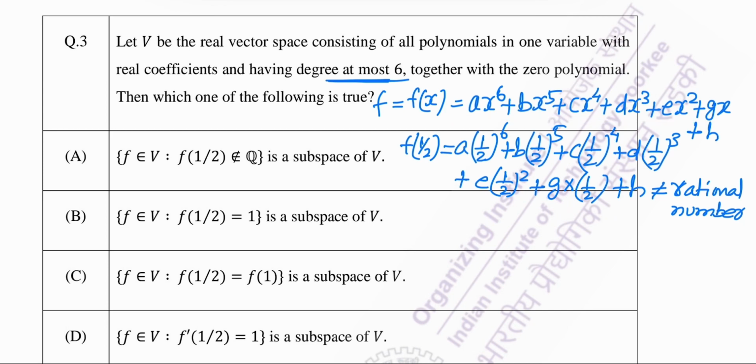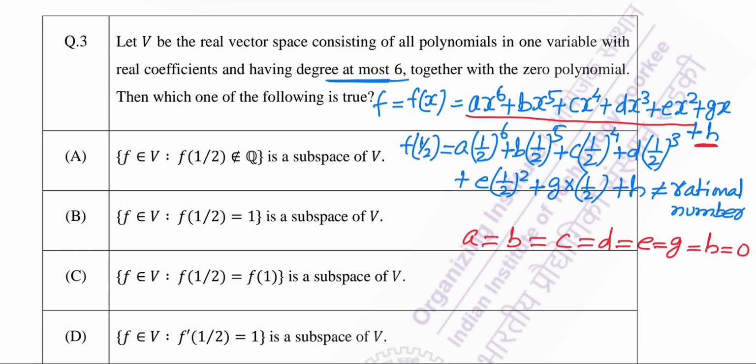This is a member of the vector space V, and this will be 0 only when a equals b equals c, d, e, g, h is 0.